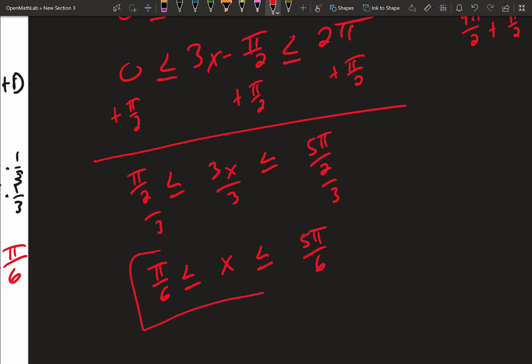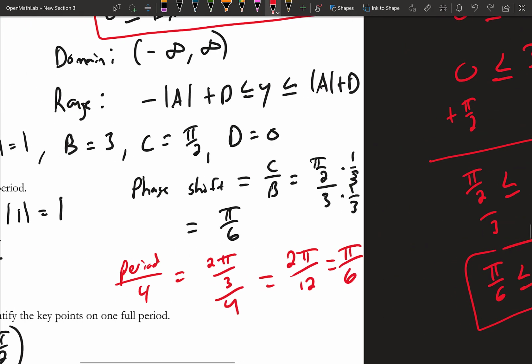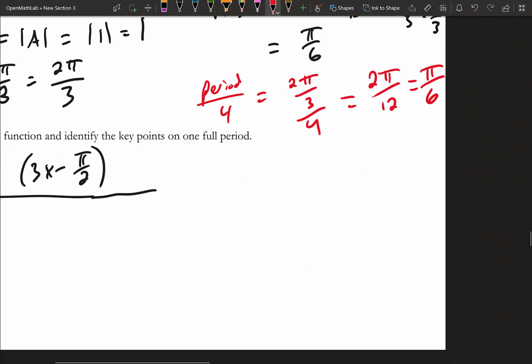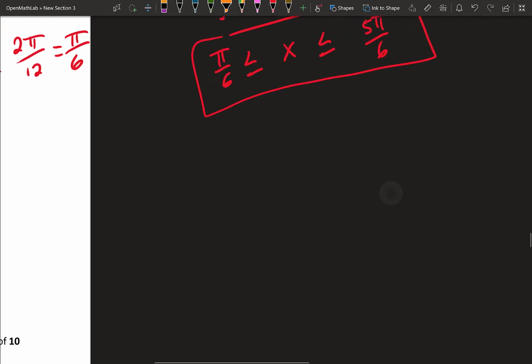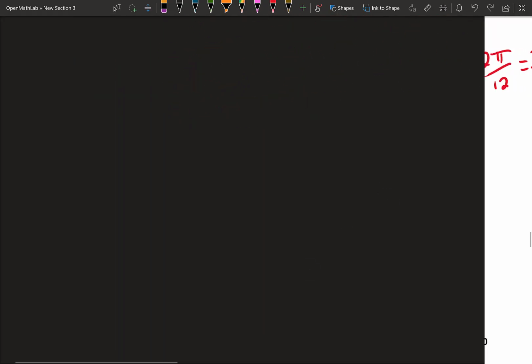So this would be the typical period for cosine. Right, so instead of starting this at 0, we could start this at pi over 6.